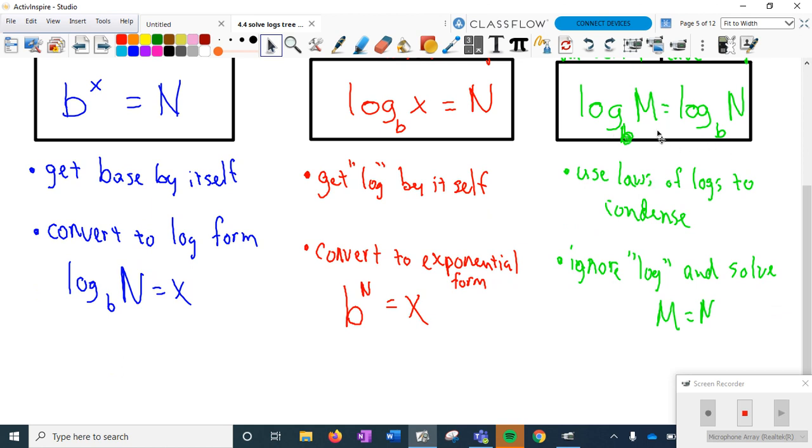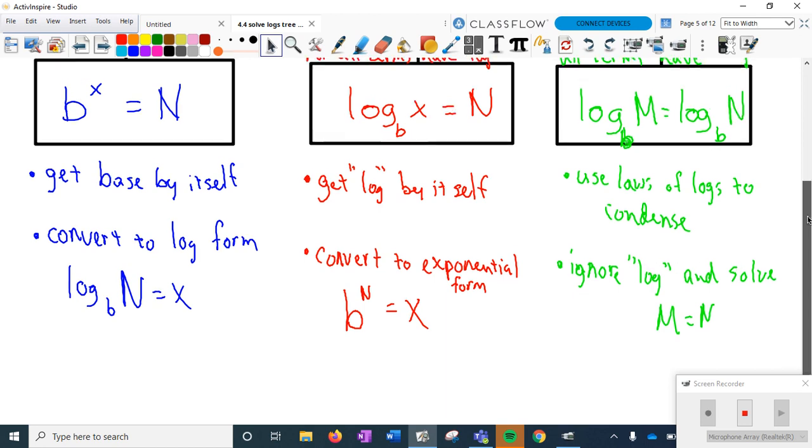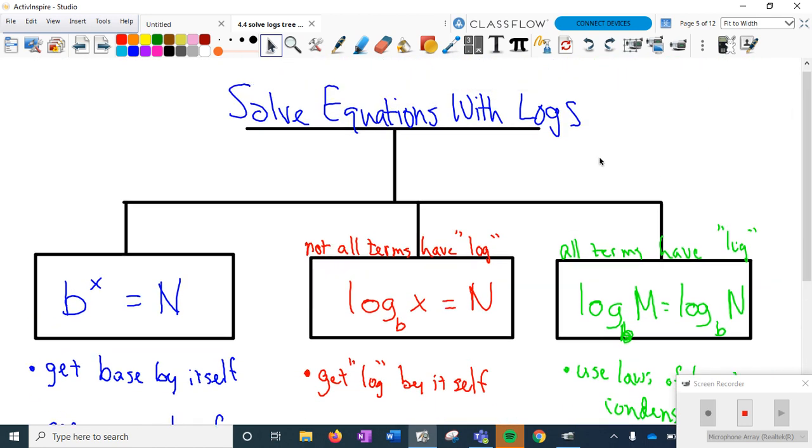Same idea. If I get log on the left side and log on the right side, then I get to ignore that log part and just solve that equation by setting the arguments equal to each other. Again, we'll look at those types today.